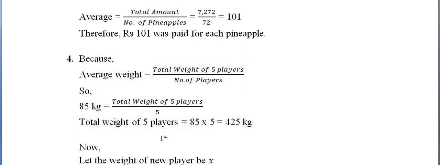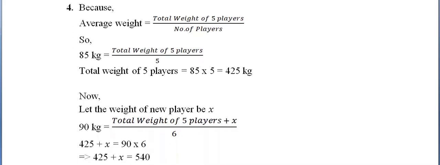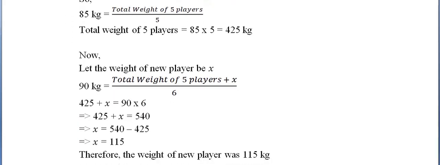Now let us move on to the second part of the question. We already know that the total weight of 5 players is 425 kg. So there is the addition of one more player. Let us assume the weight of the new player to be x, the unknown value. We already know that the average is 90 kg.